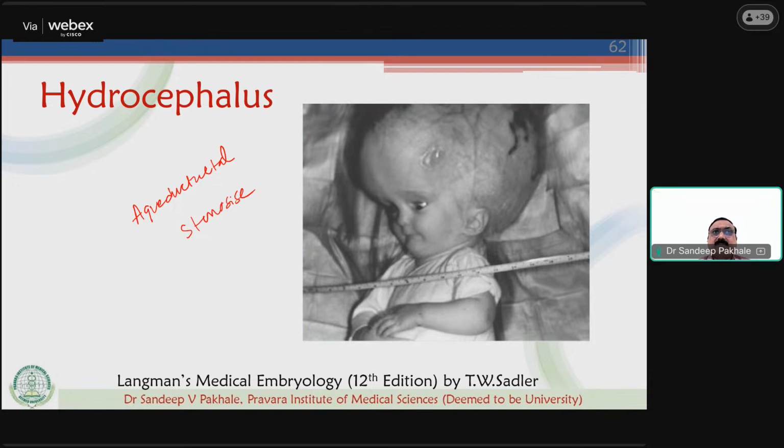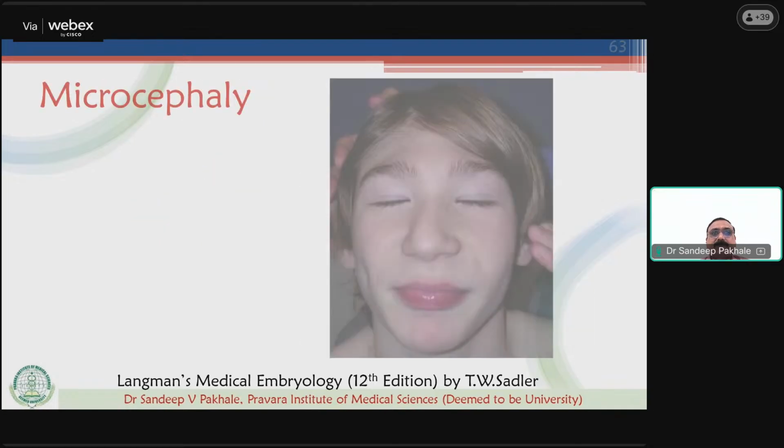This leads to increased intracranial pressure and enlargement of the head in infants due to open sutures. The management often involves diversion of the CSF using a ventriculoperitoneal shunt that we saw.